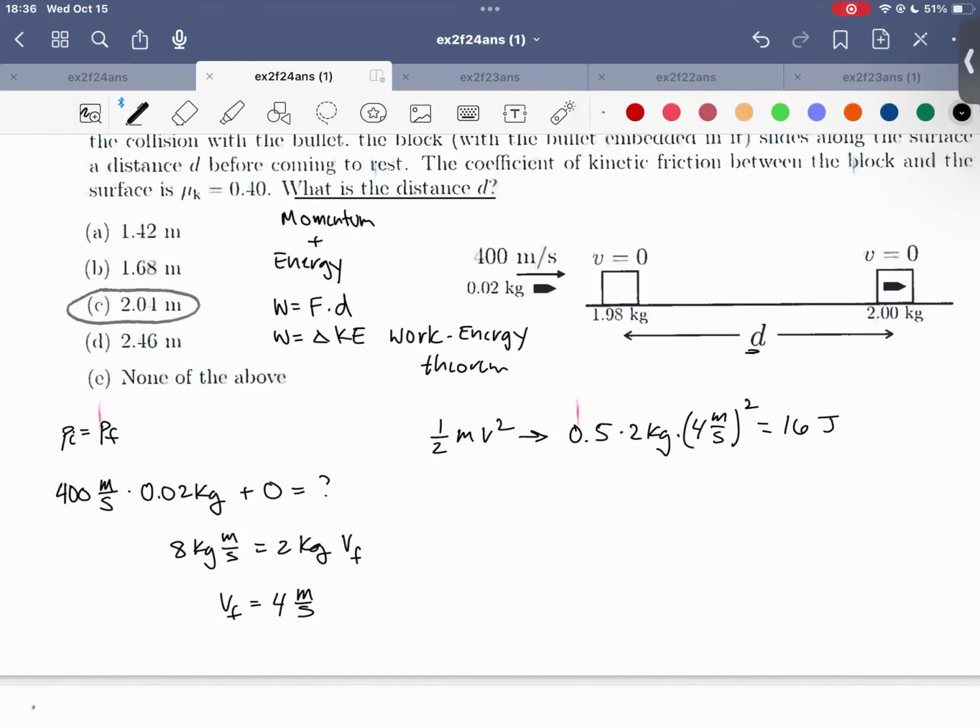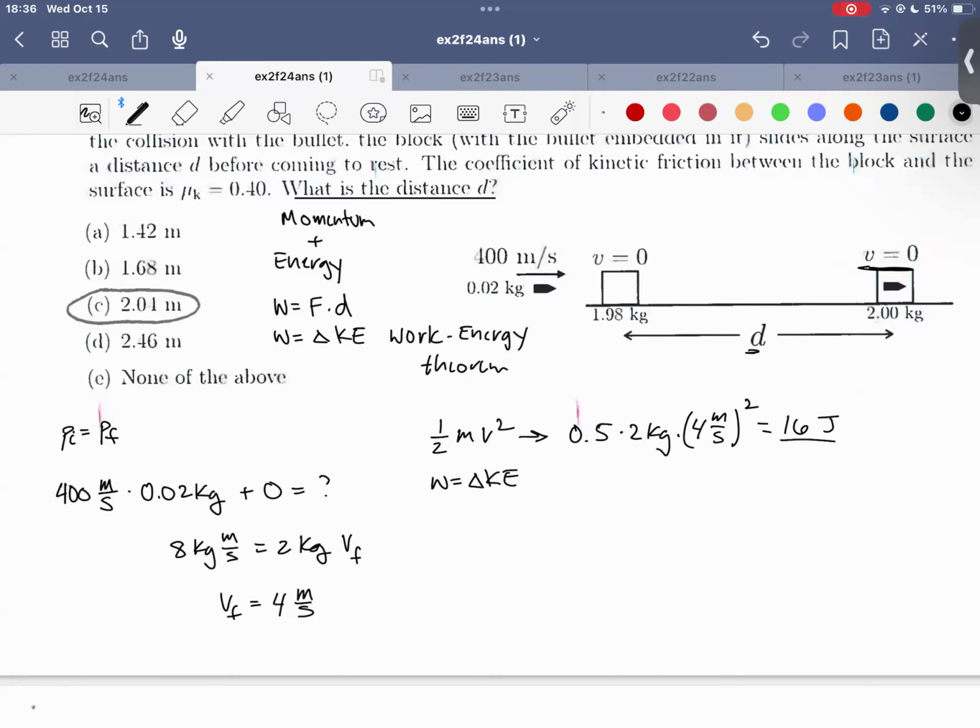Since work is equal to delta KE, our final kinetic energy is 0, because the velocity is 0. So the work done is 16 joules.